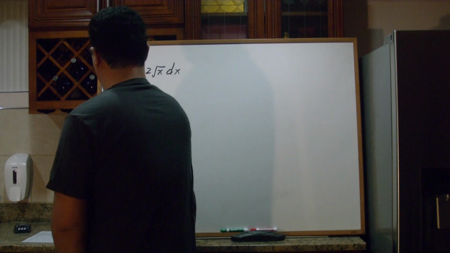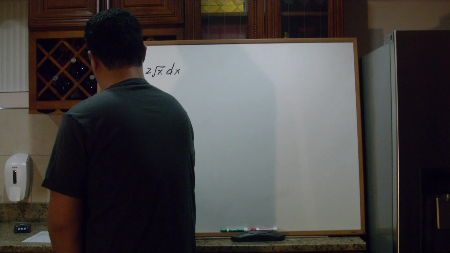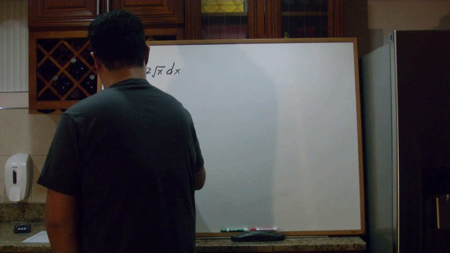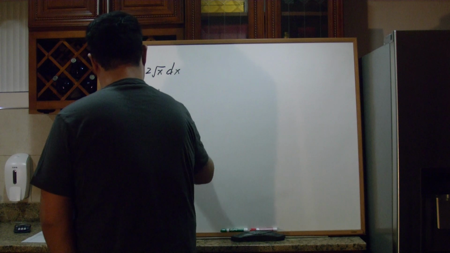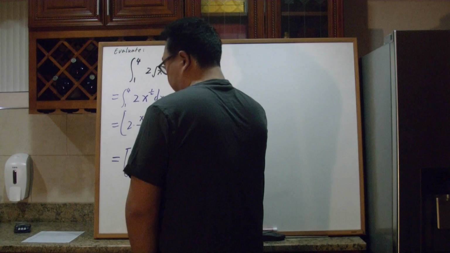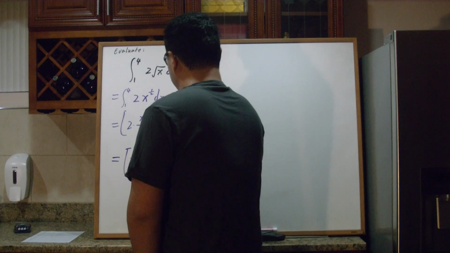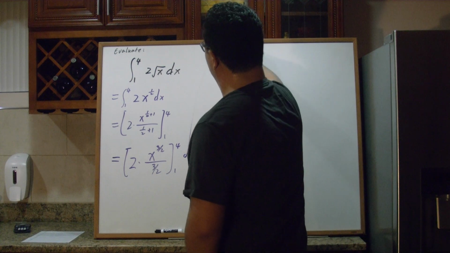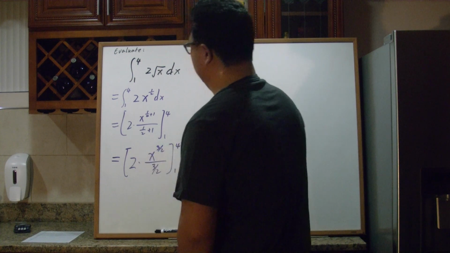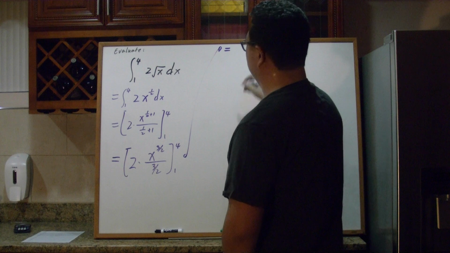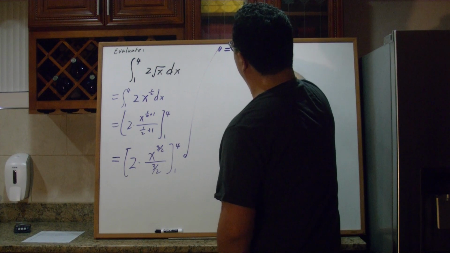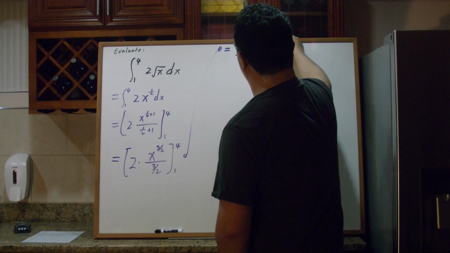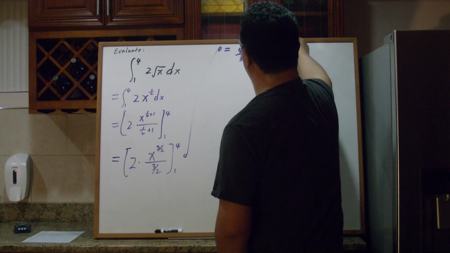But anyhow, that's 2 times x to the 3/2 over 3/2, which is 2 times 2/3, that's 4 over 3 times radical x to the 3rd power, taking values from 1 to 4.